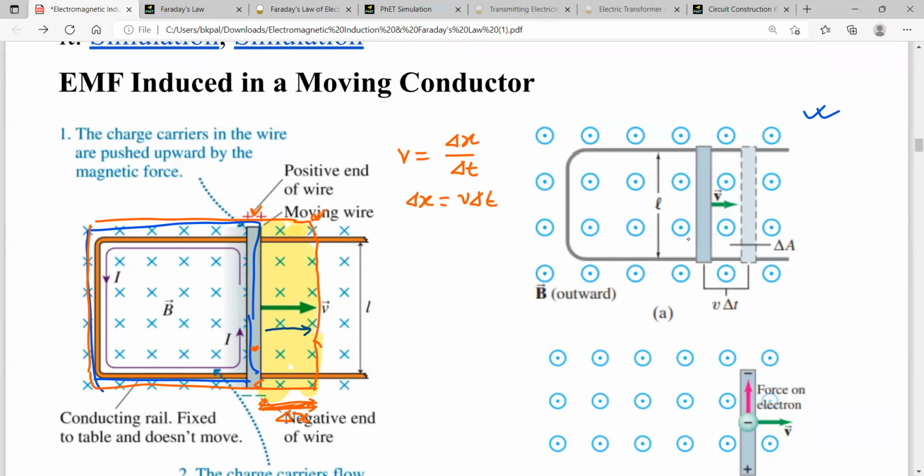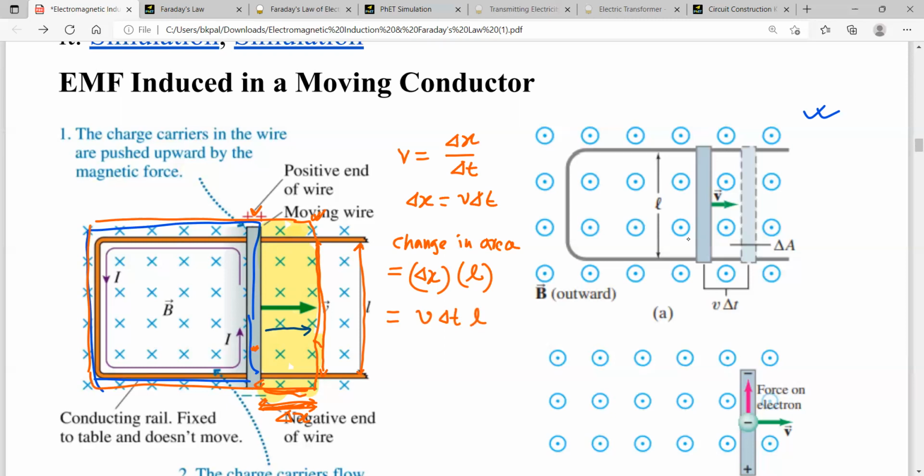Okay, so the change in area will be this length delta x and also this length, because we are talking about the area. So this side is delta x and this is L. Because it looks like a rectangle, the change in area will be delta x times L, and delta x is equal to v delta t, so delta A is v delta t L. Okay, so this is the change in area.